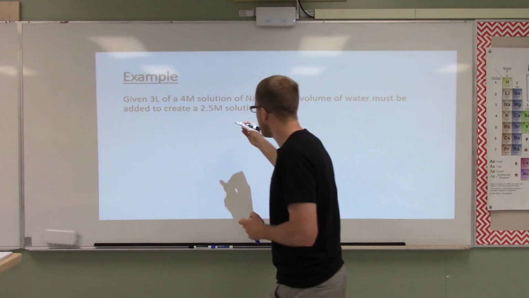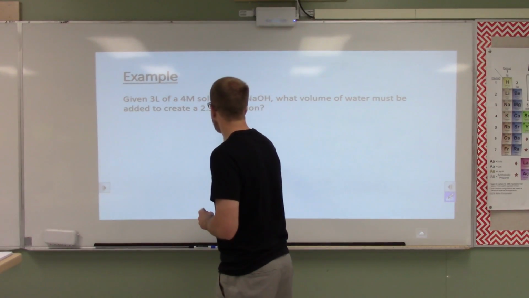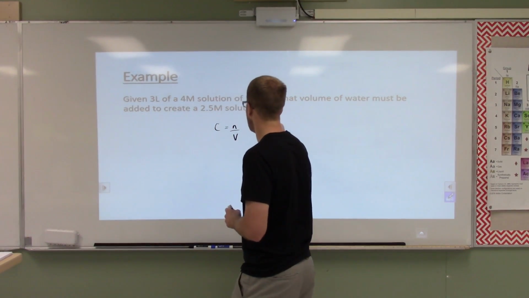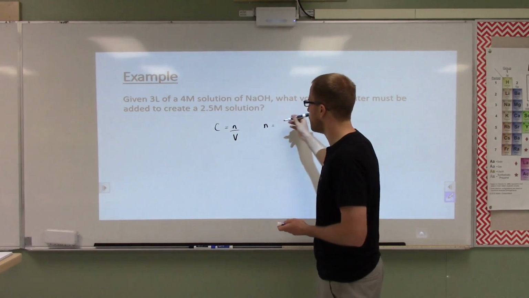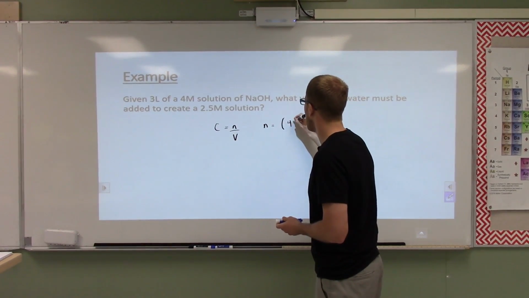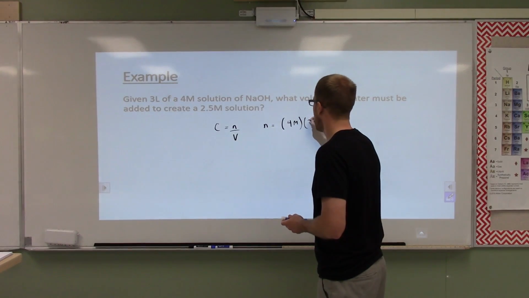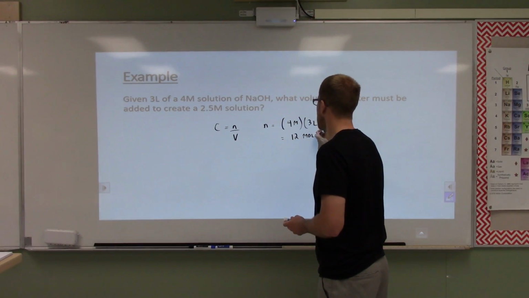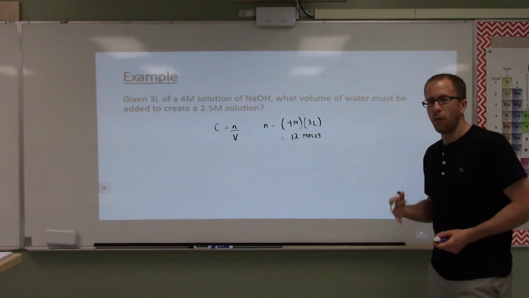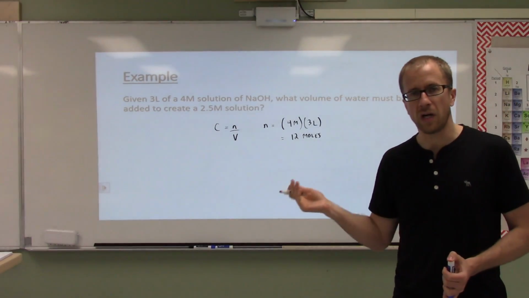Well, remember, our concentration is our moles over our volume. So our moles then is going to be our concentration times our volume, or 4 molar times 3 liters, which gives you 12 moles. So before we diluted, we have 12 moles of NaOH.